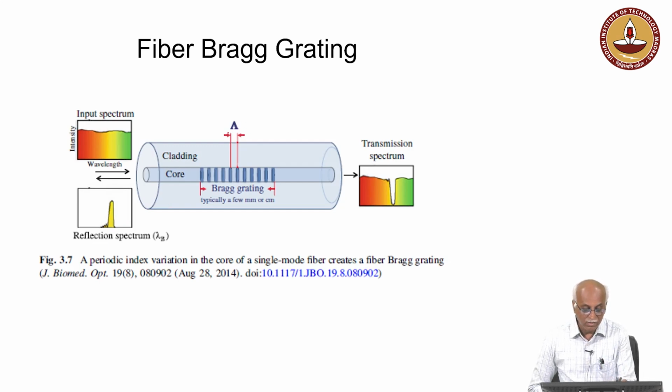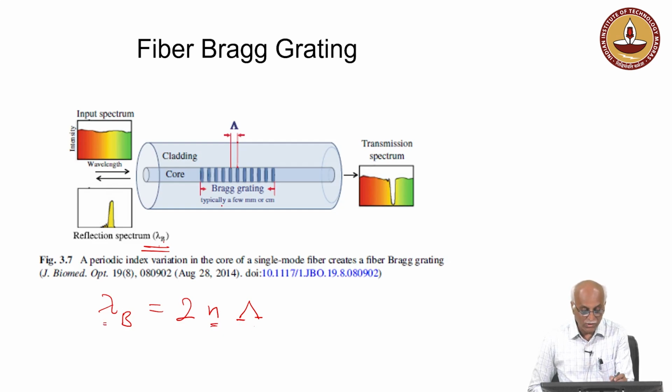As we learned, the wavelength that is reflected, known as the Bragg wavelength, is decided based on 2n times the grating period. n is of course the average refractive index, the core refractive index plus a small change, just an approximation. So, approximately 2n into the grating period determines the Bragg wavelength.